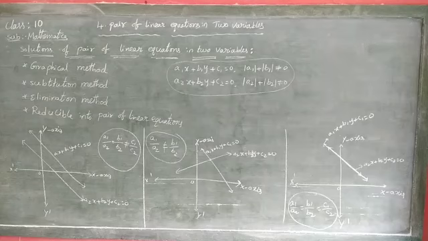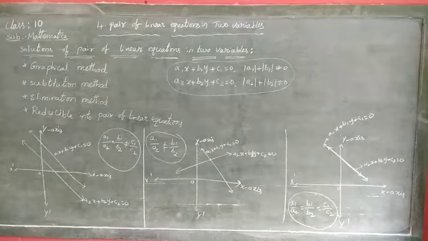Suppose the line represented by a1x plus b1y plus c1 equal to 0 is this one, and the second one, a2x plus b2y plus c2 equal to 0, also falls on the first line. The ordered pairs of the first linear equation and the second equation both fall on the same line only.